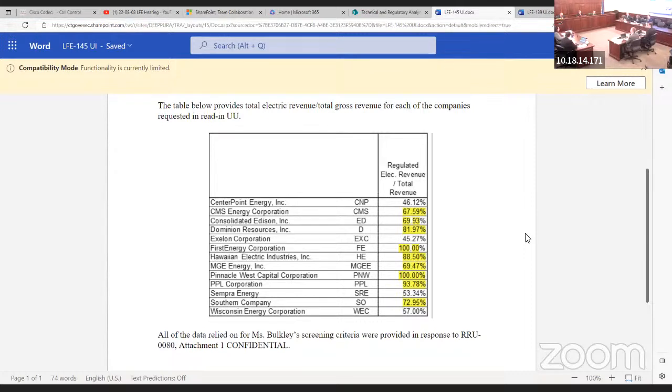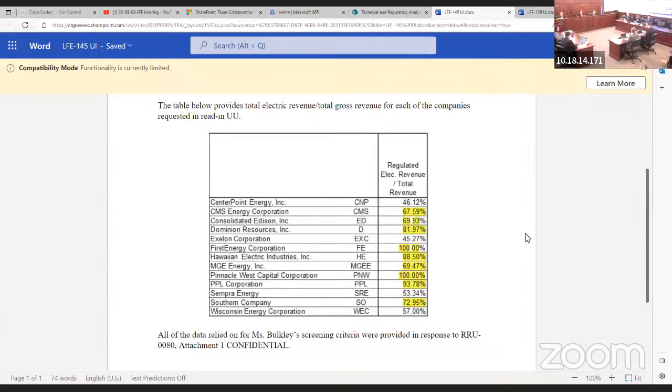Maybe I didn't hear your question correctly. Would you mind repeating it for me? When you do other analysis nationwide, do you use that 70% regulated electric operating income to total revenues threshold in all your cost of equity analysis, or do you have a case by case percentage that you look at?